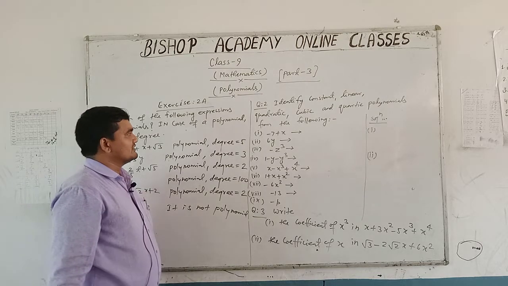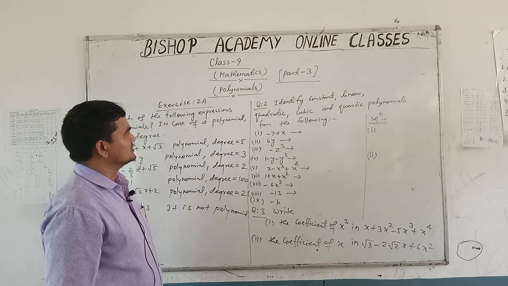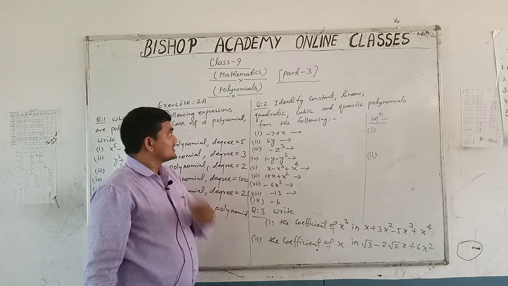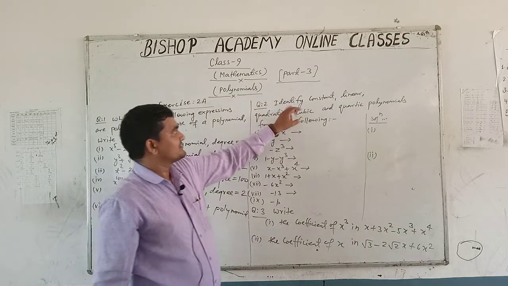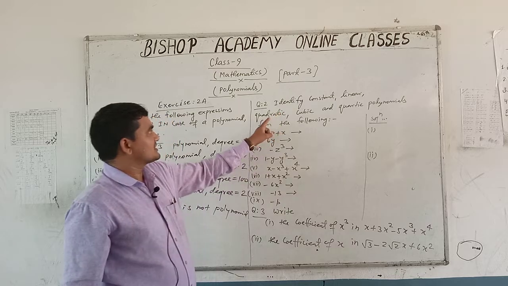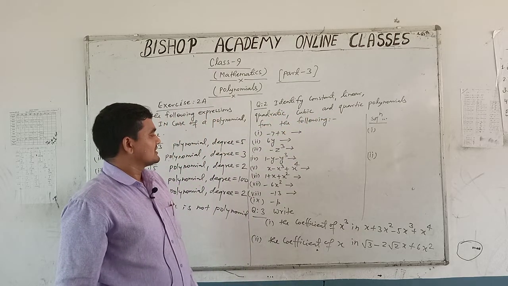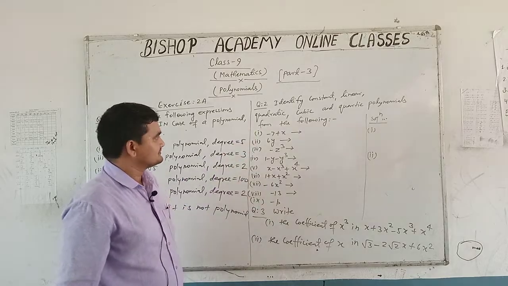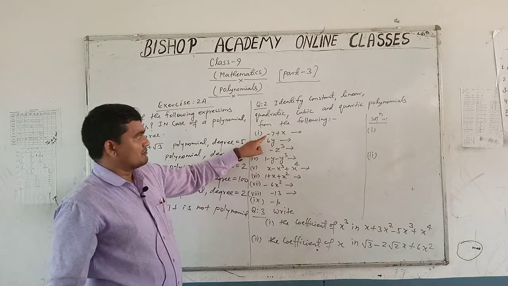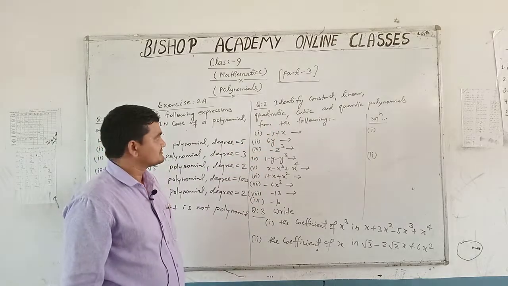Now we will solve question number 2, and in question number 2 we have to identify constant, linear, quadratic, cubic and quartic polynomials in the following. First is -7 plus x.